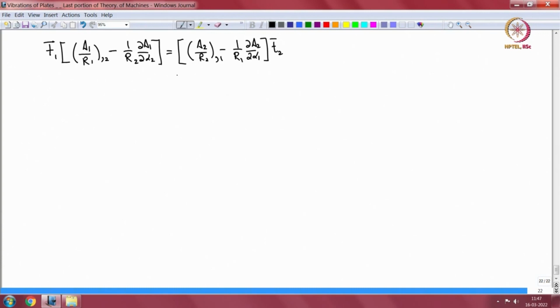If I bring it onto one side, what I have is T1 times something plus T2 times something else equal to 0.